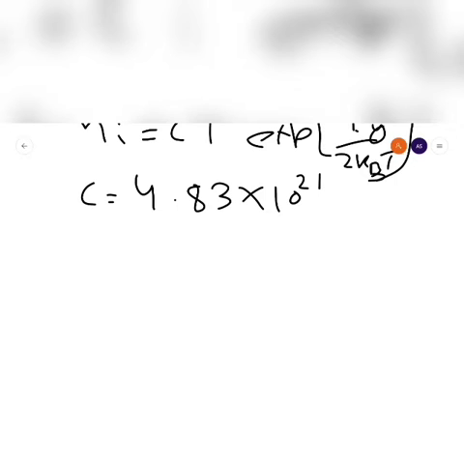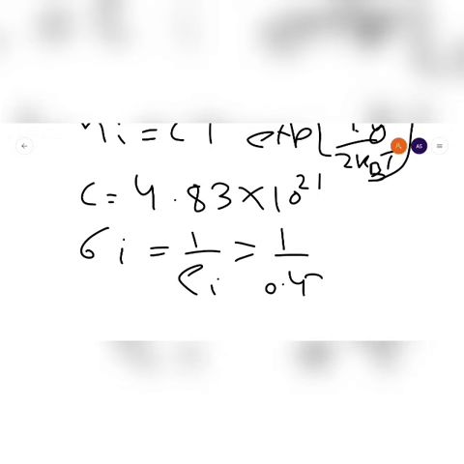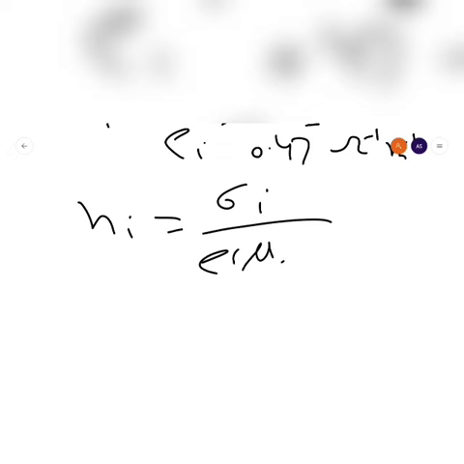Now from sigma i is equal to 1 upon rho i. Rho i is given as 0.47. It will be equal to 2.12 per ohm per meter. Now when you know the value of sigma, you know the value of ni, sigma i divided by e (mu e plus mu p).